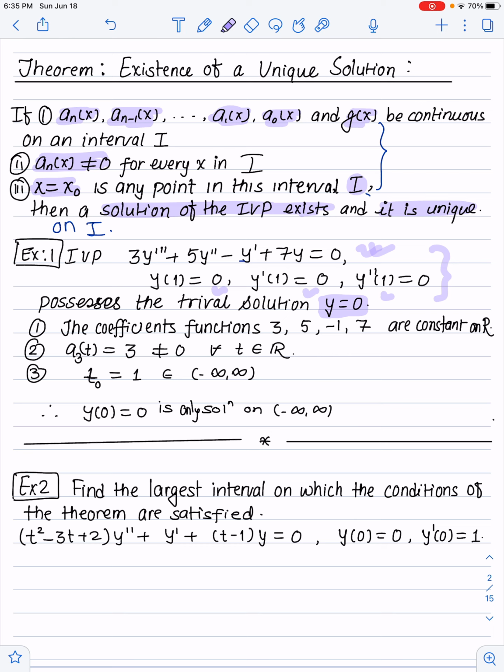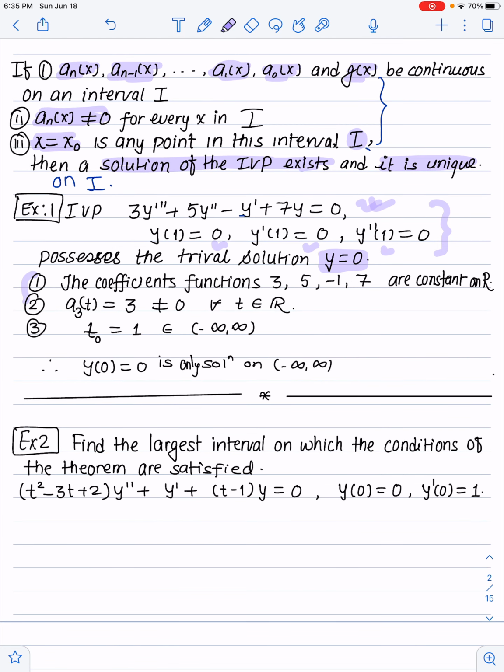Or you can check whether these three conditions hold or not. The coefficients of this differential equation are 3, 5, -1, 7, which are constant and therefore continuous, because constant functions are continuous on R. And g of x is 0, which is again constant and continuous.